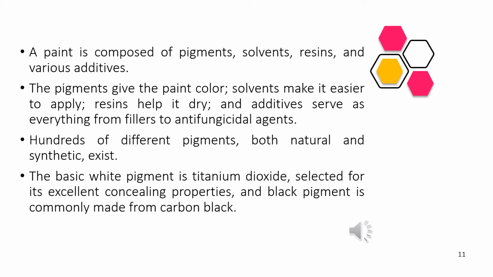So the pigments are added in the paints. So what is the role of pigments in the making of paints? The role of pigment is to give the paint a color. What is the role of solvents in paint? Solvents make it easier to apply the paint. So the role of solvent is to make the process of painting easier.